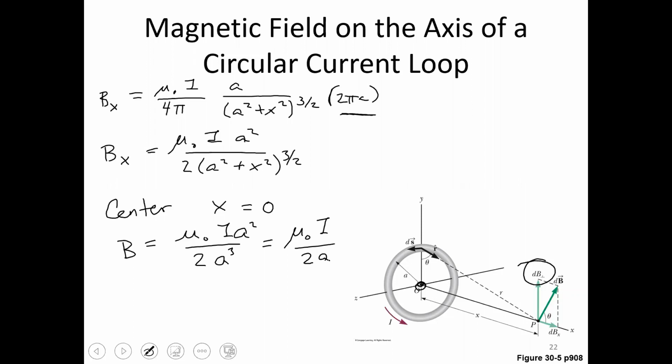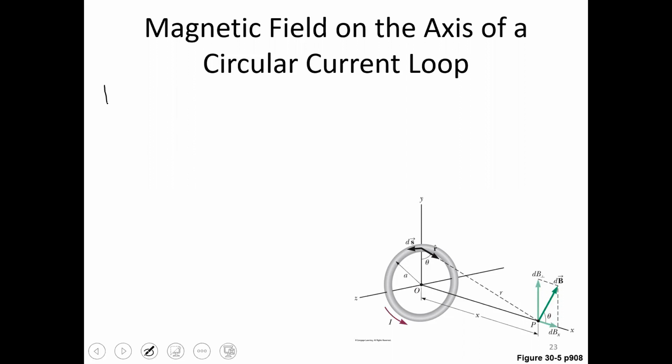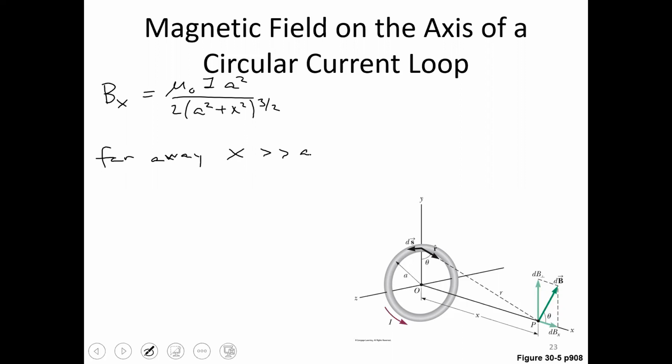Very far away, let's look at very far away. So if our axial field strength looks like this in general, so mu 0 I a squared over 2 times the quantity a squared plus x squared to the 3/2 power. If our axial magnetic field looks like that, then when we are very far away, but still on that axis, so we're still on the axis x, but we're really, really far away so that our radius of our loop looks really tiny compared to how far away we are.